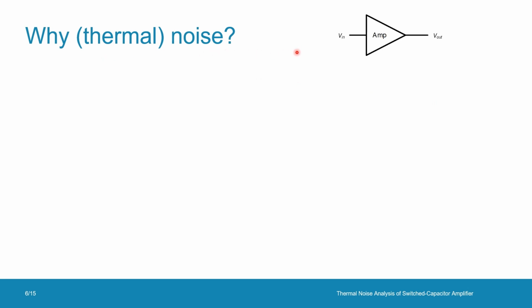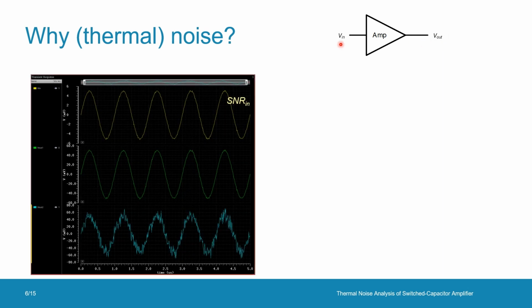Okay, then why thermal noise analysis? Or maybe first of all, why noise? Well, because the noise of the amplifier may degrade the signal fidelity after amplification. For instance, here we have our input signal, 10 millivolts peak to peak, with a certain SNR.